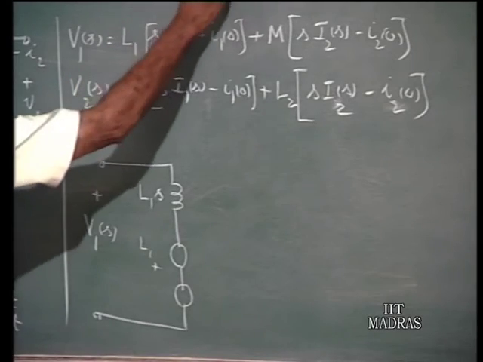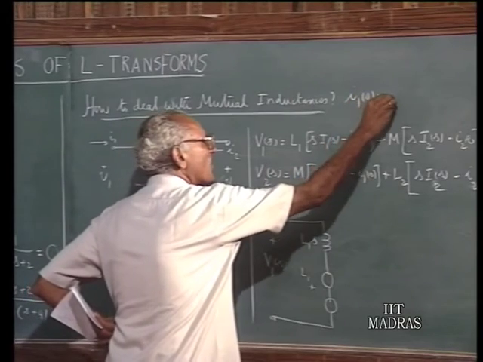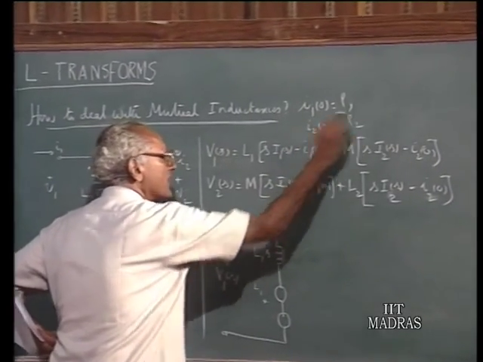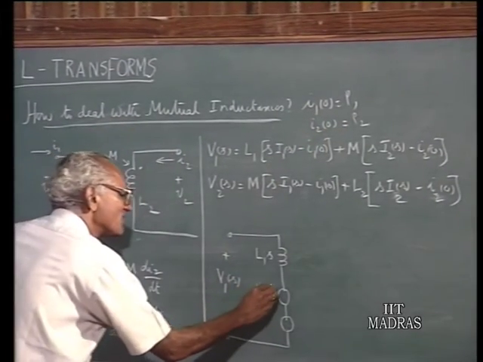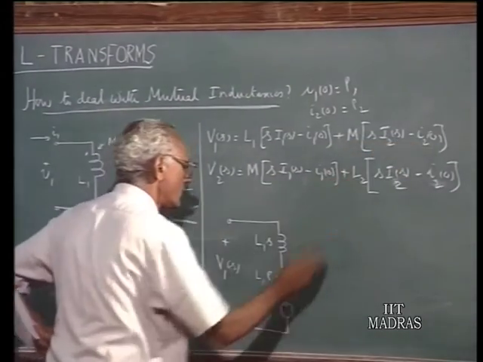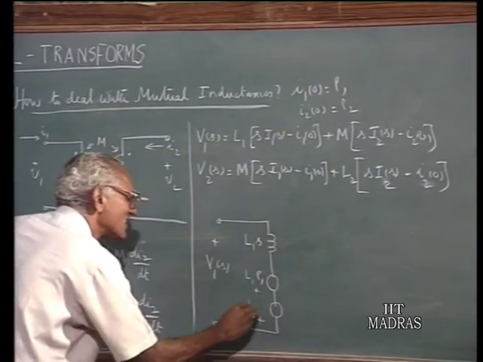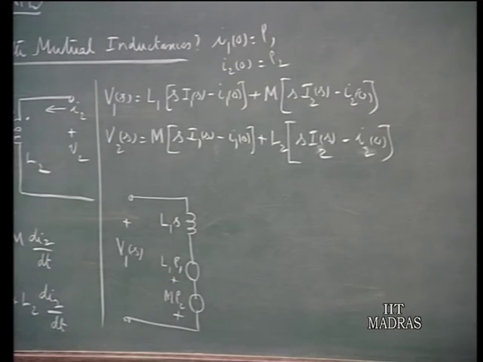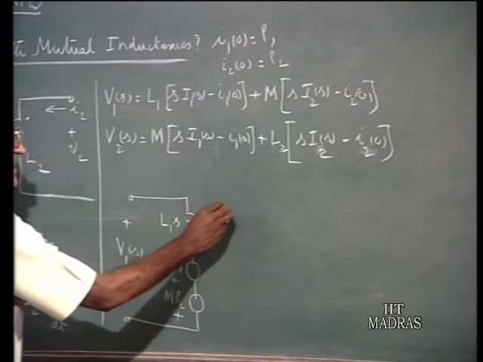Suppose I1 0 I write as rho 1 and I2 0 as rho 2 to simplify my notation. So, L1 rho 1 and minus M I2 0, therefore, you have another term M rho 2. So, you have two voltage sources representing the initial currents in the inductors.